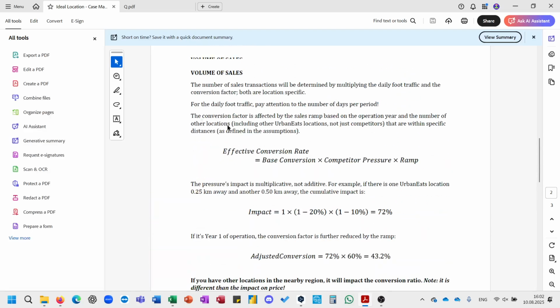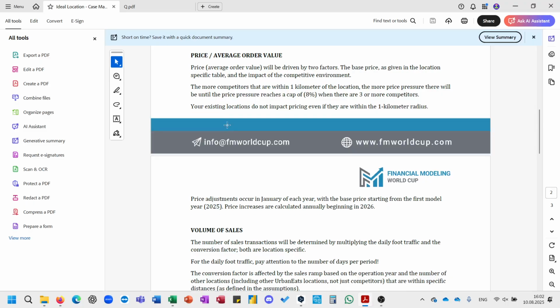Competitive price pressure means that for every competitor within 1 kilometer, there's a reduction, but this reduction is capped at 8%.